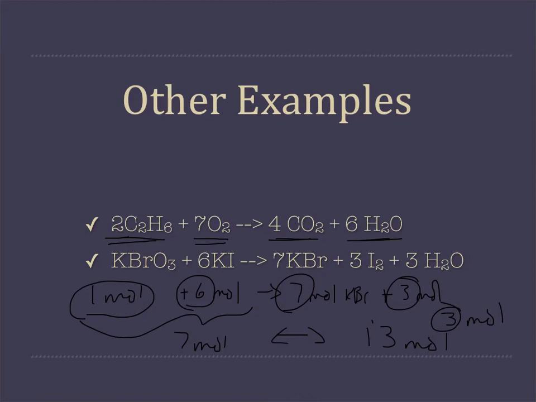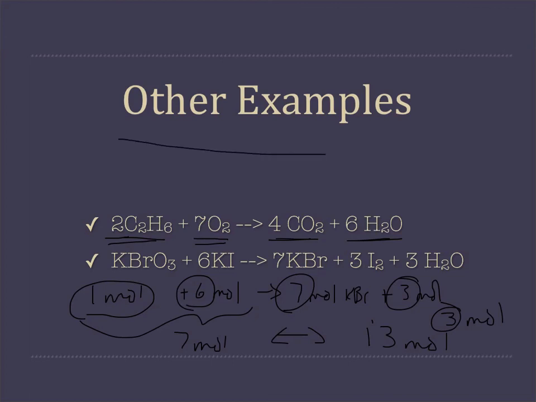That doesn't matter. However, if we did figure out grams, we would find once again that the grams are the same, but moles not necessarily. So moles, molecules, formula units, and liters will not be the same. If we counted atoms for both sides, they would actually be the same on both sides.